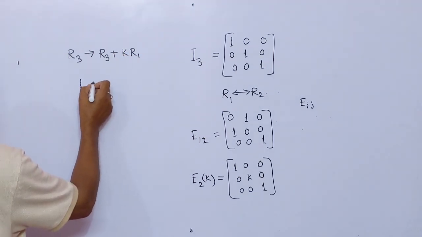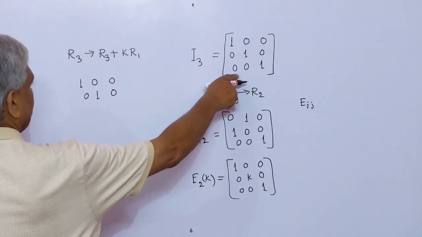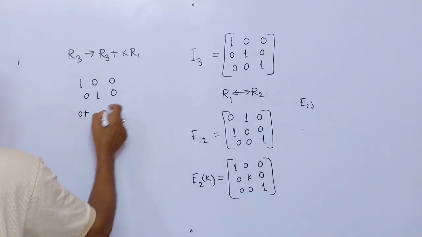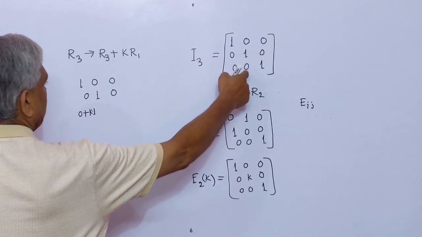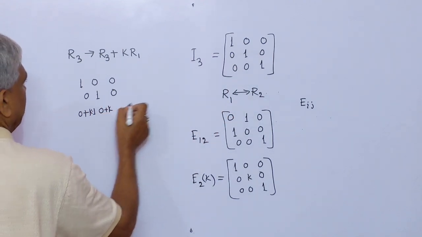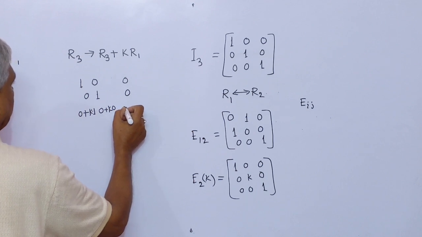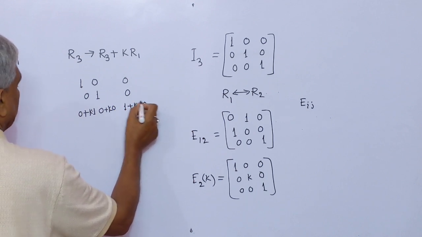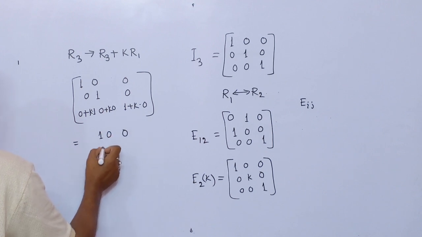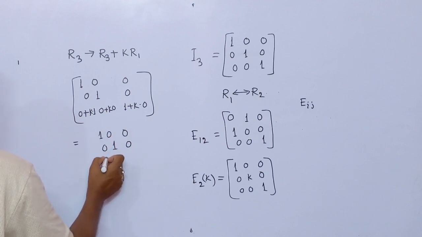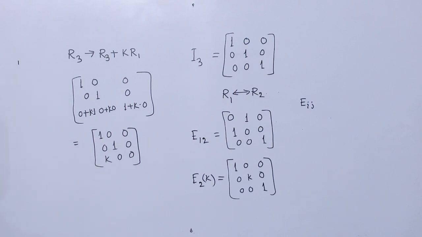The first row remains the same, the second row remains the same, and in the third row, the first element is 0 plus k into 1, that is k, the next is 0 plus k into 0, and the last is 1 plus k into 0. This is equal to [1 0 0; 0 1 0; k 0 1].